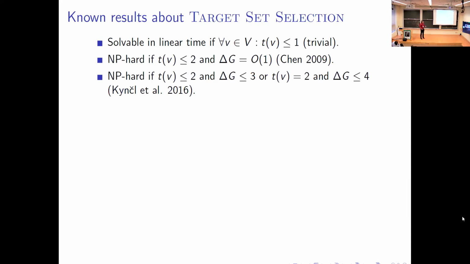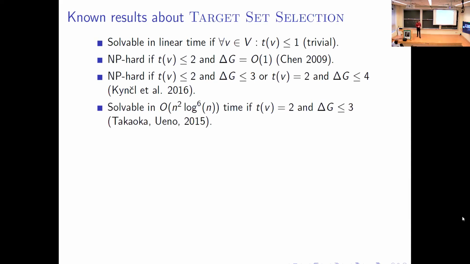This can be strengthened to thresholds at most 2 and maximum degree at most 3, which is a very tight bound, because in graphs of degree at most 2, this becomes trivial again. On the other hand, if the thresholds are exactly 2 and the degree is at most 4, then it's still NP-hard, but you can solve it in polynomial time when the degree is at most 3. So there's a very tight bound between solvability and NP-hardness.